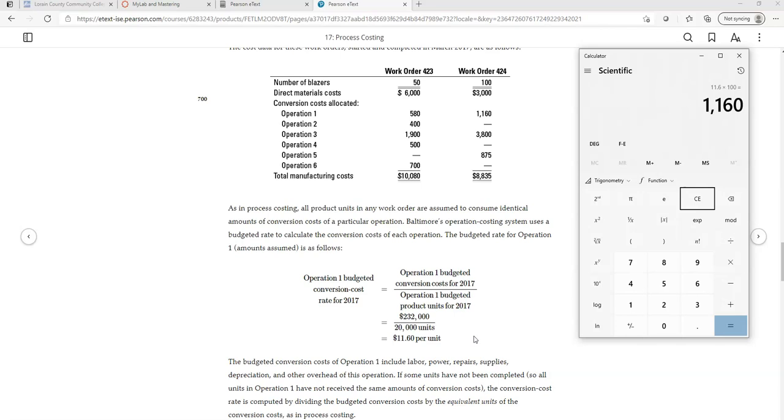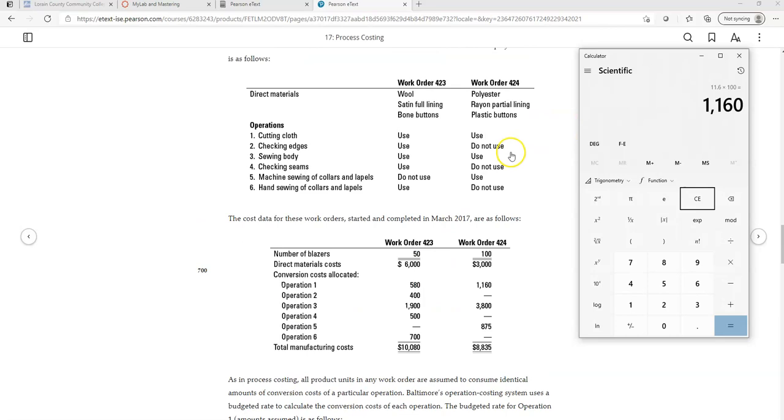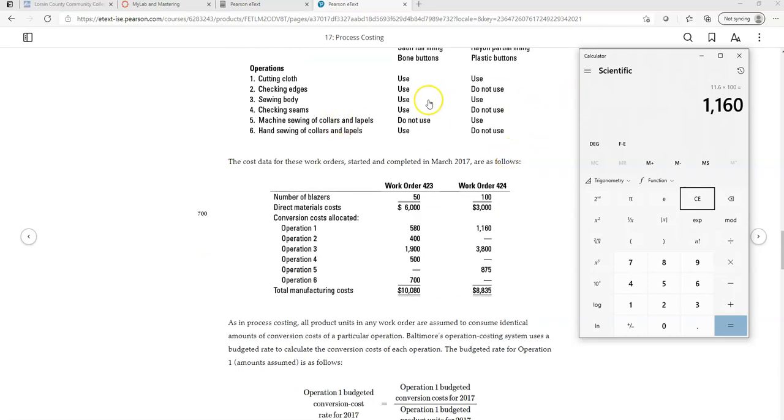If the order goes through a specific operation, then we will incur conversion costs allocated to our products from that operation. If we don't, like up here, we're told that for work order 424 we do not use Operation 2. So that's why for Operation 2 on work order 424, we're not assigning or allocating any costs.